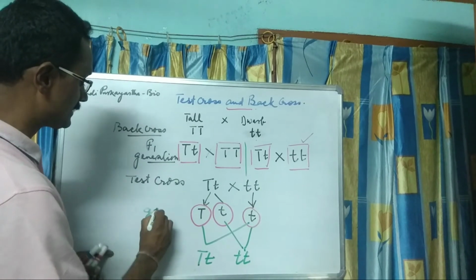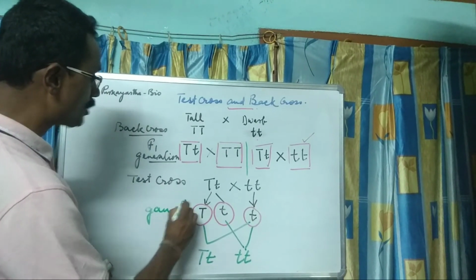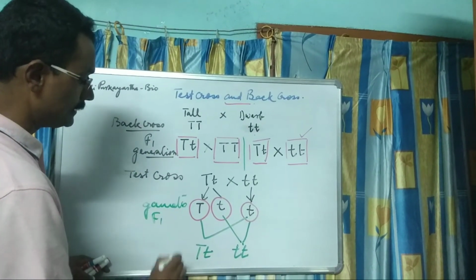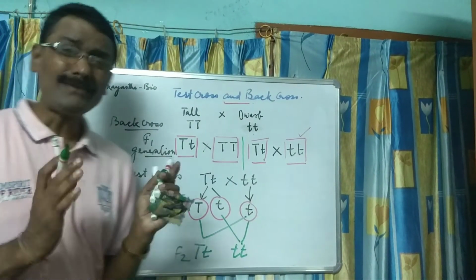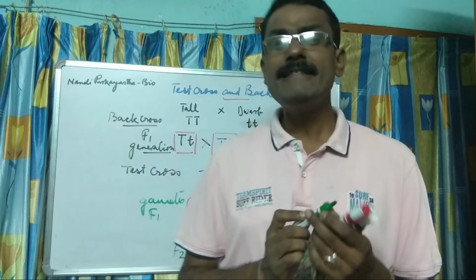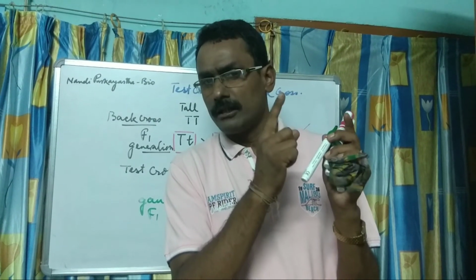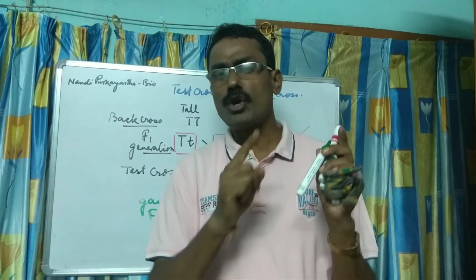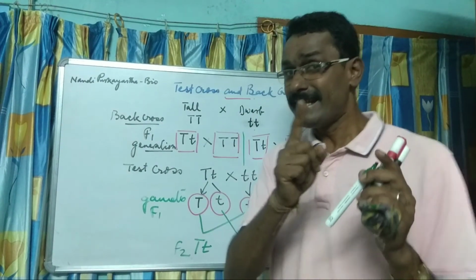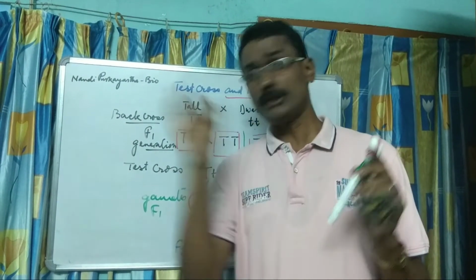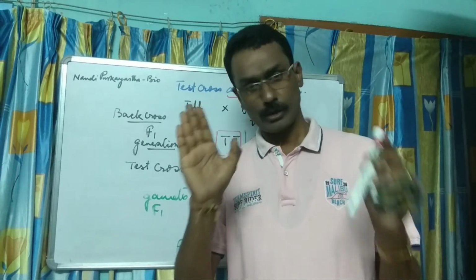We will get this in the F2 generation. These are gametes. Gametes of what? F1. This is F2. So what we got actually is that homozygous tall, capital T, crossed with homozygous dwarf, small t, small t, gives an F1 generation that is only tall, nothing else. Got it?